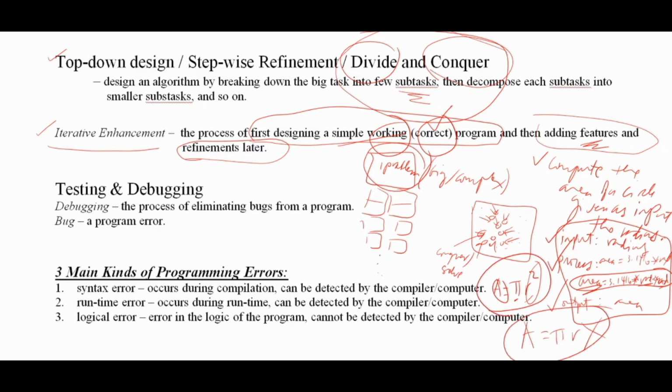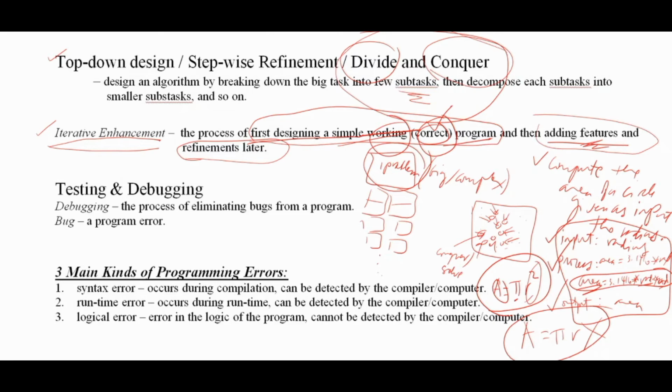What is the use of beautification of your program, making it very colorful, with all the blinking features and all the alignment? They are useless when the formula is wrong. So again, in iterative enhancement, your first goal is to design a simple working correct program. Once it is correct, then you can later on add some refinements, some features, some beautification to make it look good to the user. But it is not your primary goal.